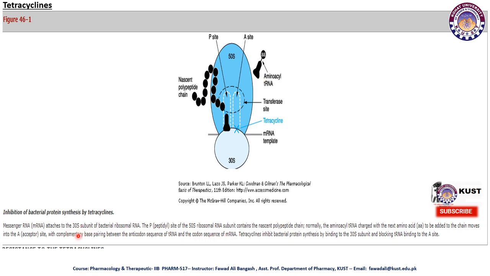Tetracycline basically inhibits bacterial protein synthesis by binding to the 30S subunit and blocking the transfer RNA binding to the A site.